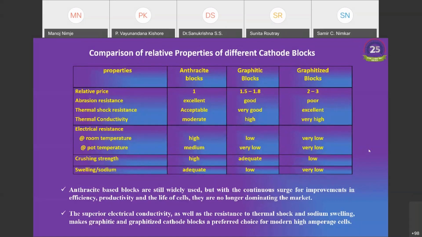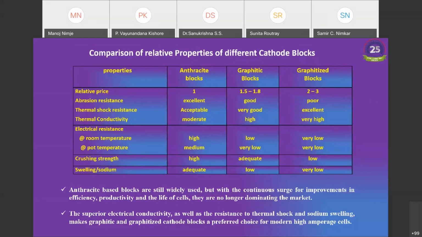Thermal conductivity of the anthracite-based block is moderate, whereas it is very high in the case of the graphite cathode block. Electrical resistance in the case of the anthracite-based block is high, whereas it is very low in the case of the graphite cathode block. Crushing strength of the anthracite-based block is high, whereas it is low in the case of the graphite cathode block.